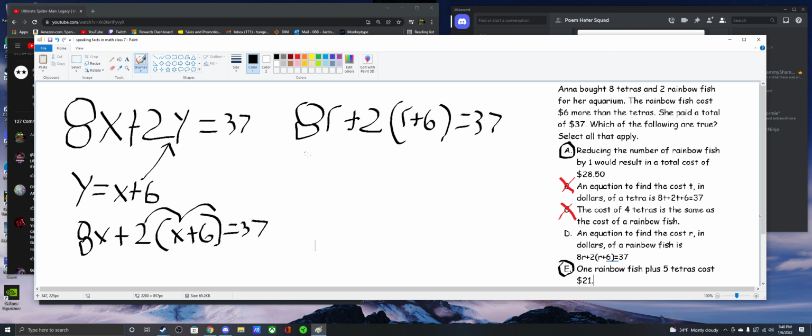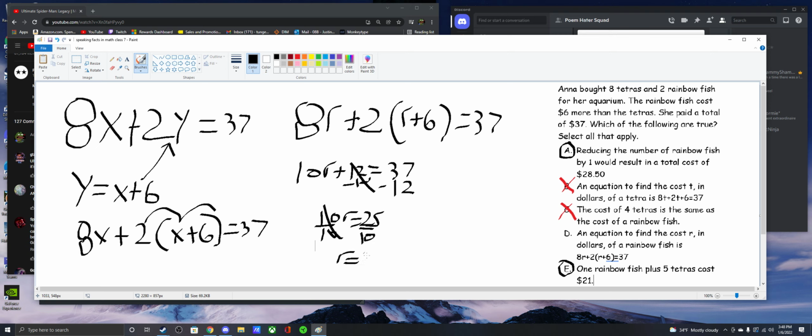So same thing, we get 10R plus 12 equals 37. Subtract 12. That gets us 10R equals 25. Divide by 10.